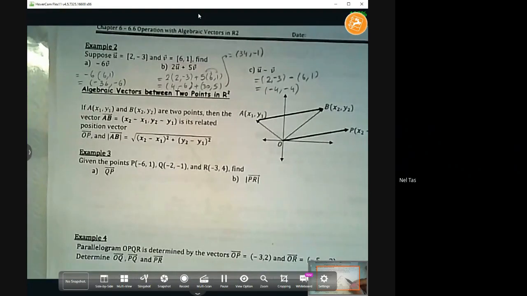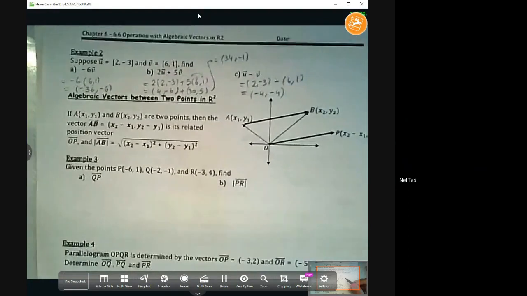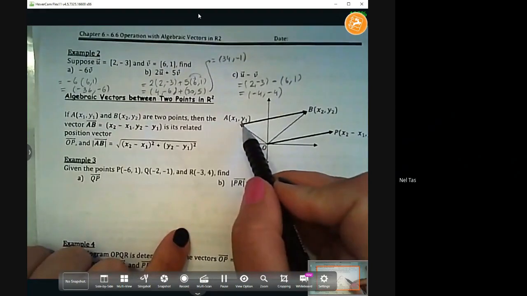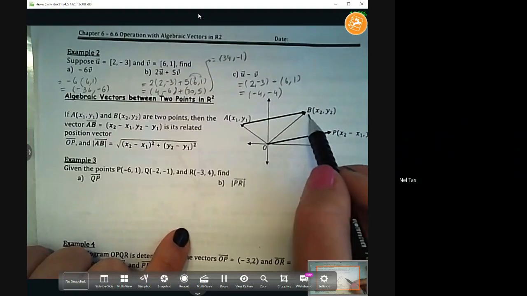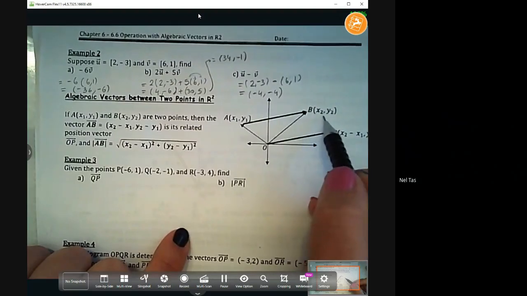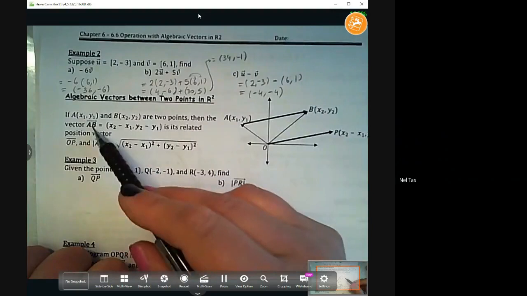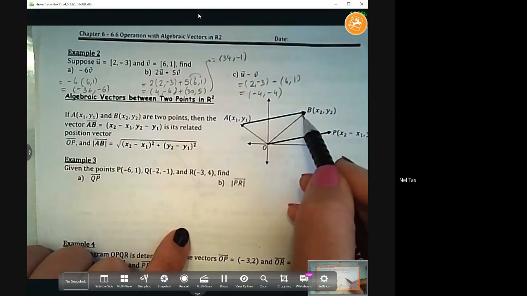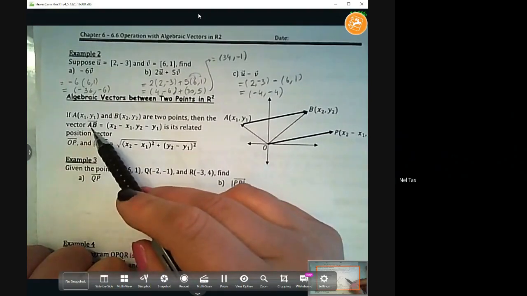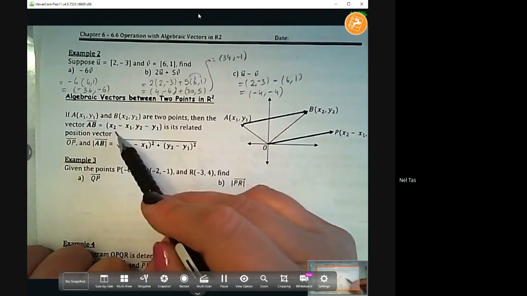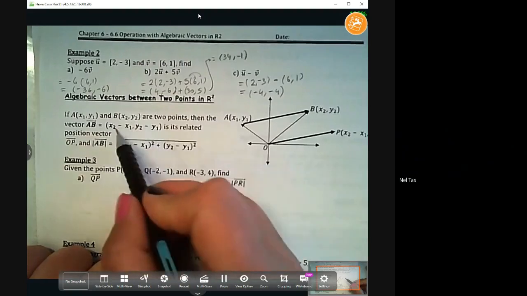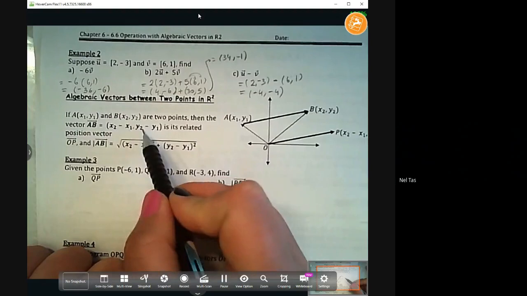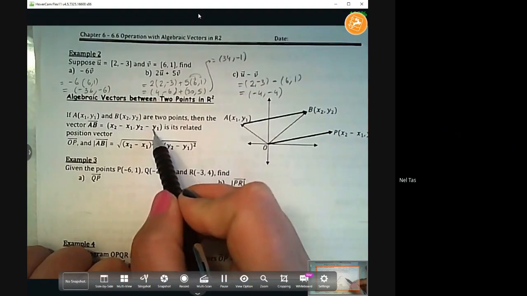Algebraic vectors between 2 points in R2. Let's say we have point A with coordinates x1, y1, and point B with coordinates x2, y2. Then the vector AB, the vector drawn from A towards B, can be found as x2 minus x1, so you subtract the x coordinates, and y2 minus y1, you subtract the y coordinates.